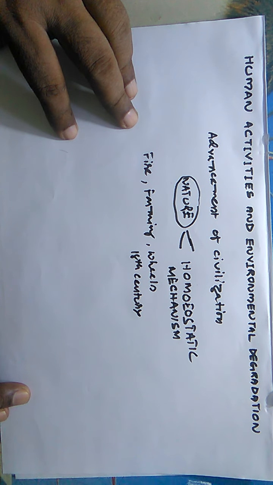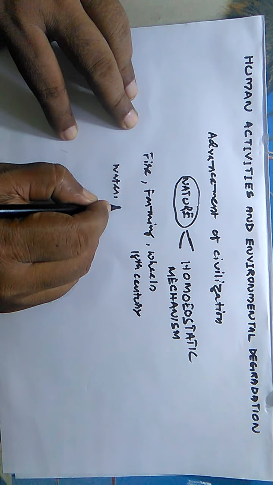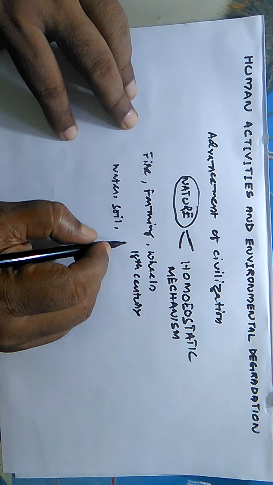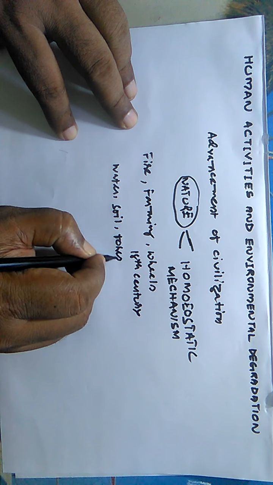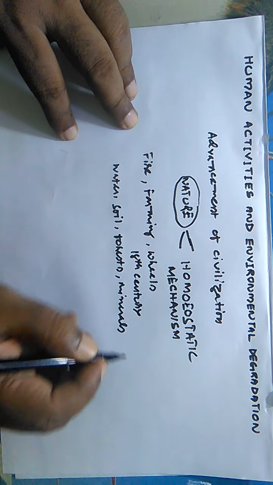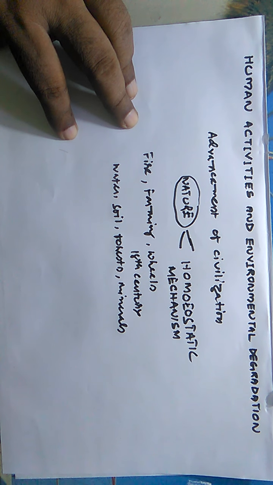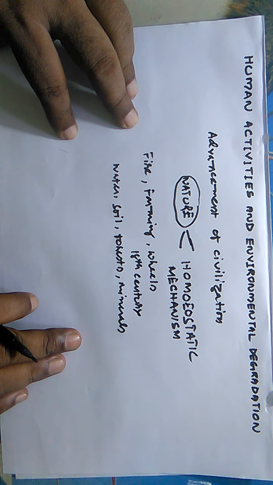And ultimately it was at the cost of natural resources, particularly water, soil, forests, and minerals, particularly coal and petroleum, along with iron, copper, etc. All were used in an excessive manner.